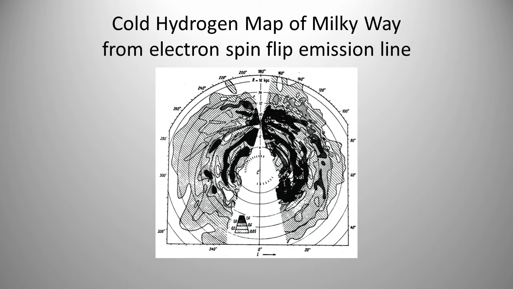Now, there's some places where we can't figure out the position because there isn't enough radial motion toward or away from us. And that's why you see those blank wedges. The tips of those wedges are where the sun is. But the presence of multiple spiral arms, just like we see in other spiral galaxies, is pretty clear. Not bad, given how hard it is to see the layout of the forest when you're surrounded by trees.